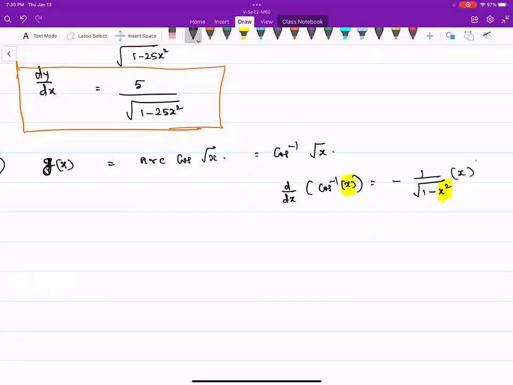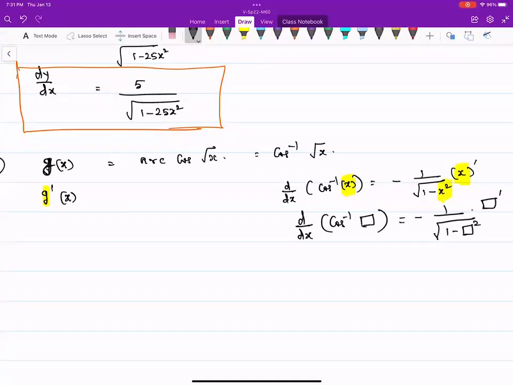And then the derivative of that something. In this case, it is 1. So that's why we don't have anything written besides that negative 1 over square root of 1 minus x squared here. But what we have here is, suppose I have to do g prime x. So one more time, if I write cosine inverse of something here, then I need to write negative 1 over square root of 1 minus some box square times the derivative of the box, correct?